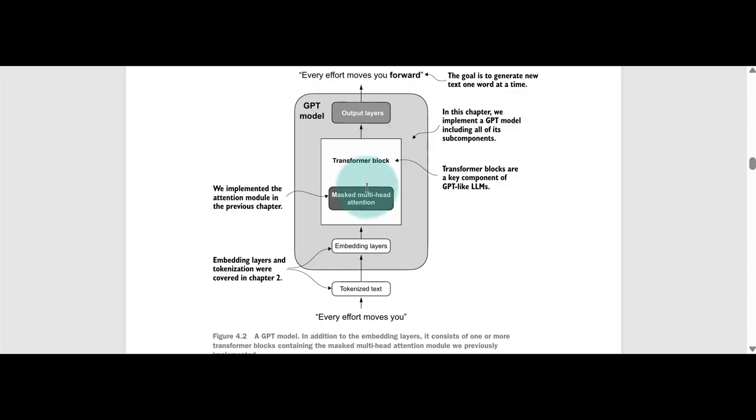It doesn't include this embedding layer part. So part of the code is the transformer, called the transformer block, and then we have some other stuff, some output layers, just plain linear layers, and maybe some other stuff, and then hopefully we get out a prediction for a token.